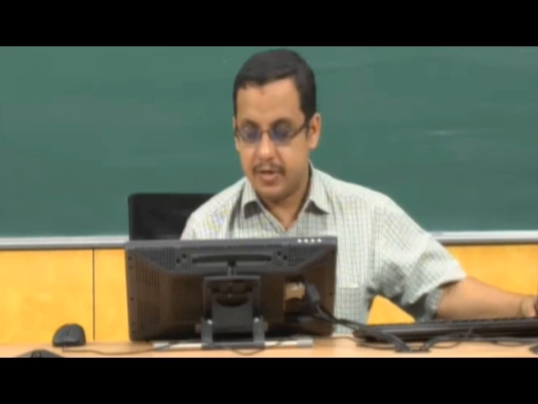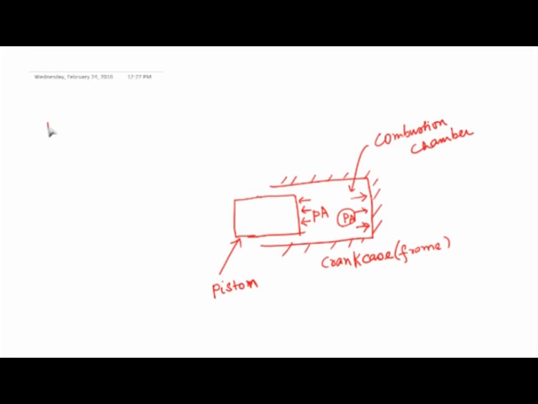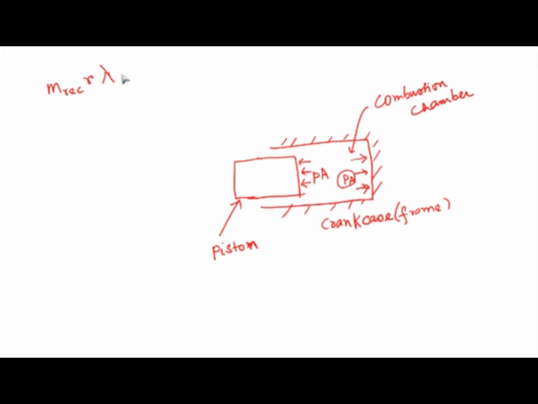So instead of having that, I'll write this for you once because I have made a mistake. So the actual unbalance is m_rec r times lambda times omega square cos of 2 omega t. So this I can write as m_rec r lambda by 4 times 2 omega whole square cos of 2 omega t.